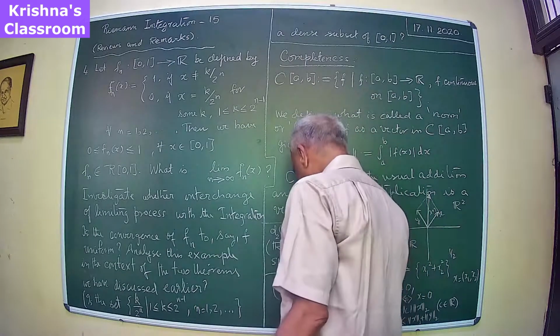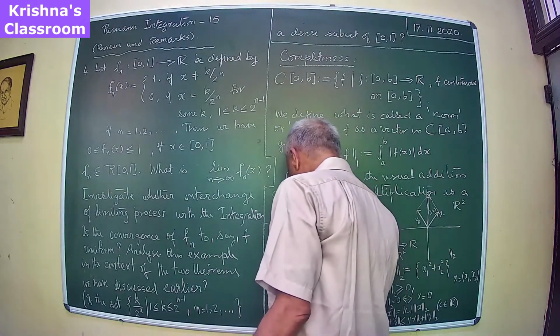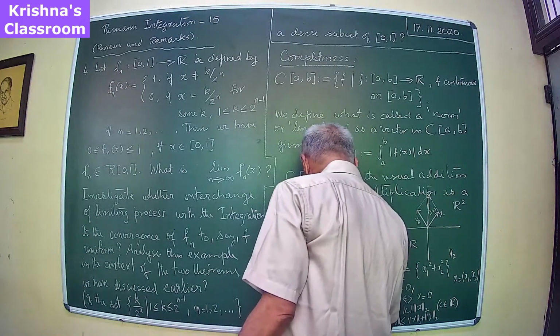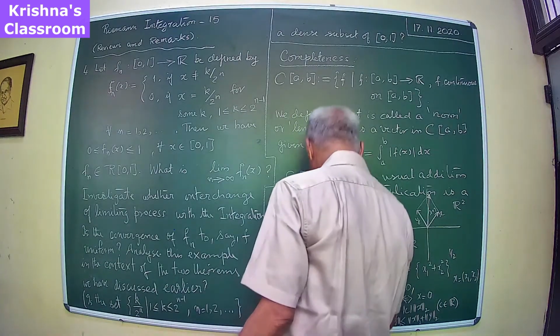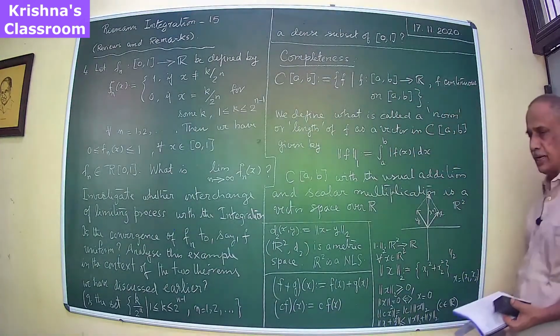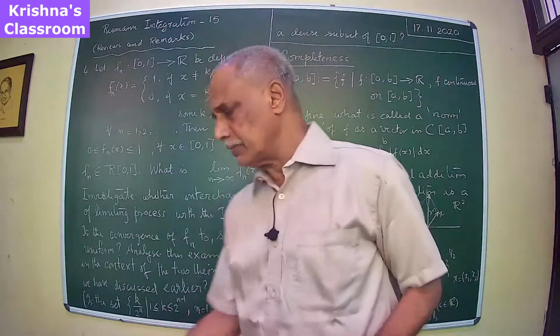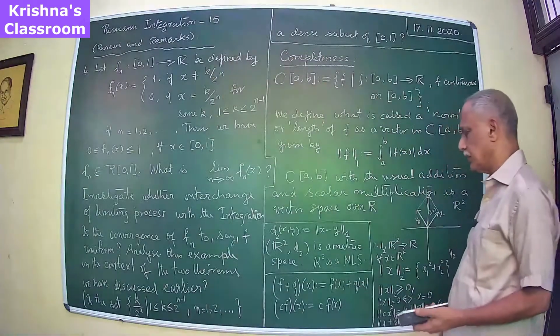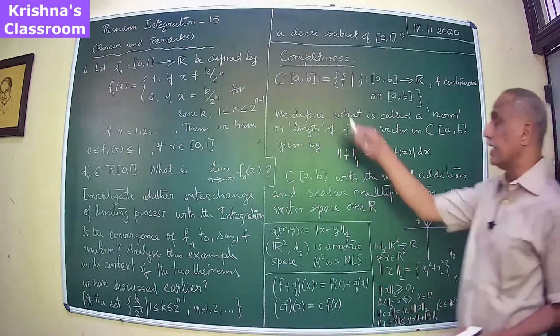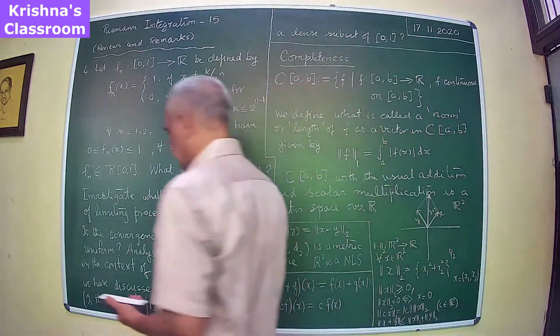And (cf)(x) is defined as c times f(x). That is the usual addition and scalar multiplication. With this, C[a,b] is a vector space over R.